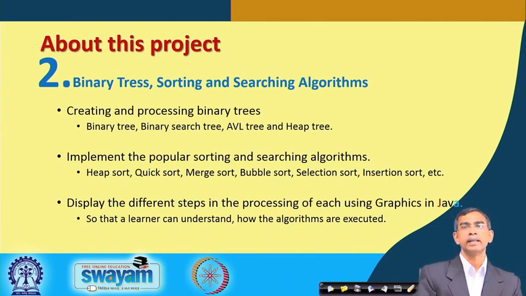So, this is the idea, and here one thing you should note is that Java does not support the pointer concept, and you may think: how can you implement a binary tree without pointers? Absolutely, pointers are not required there, because the elements required in a tree can be stored in the form of an array.